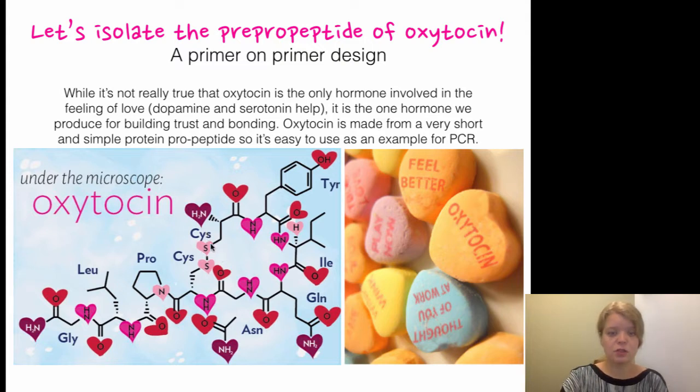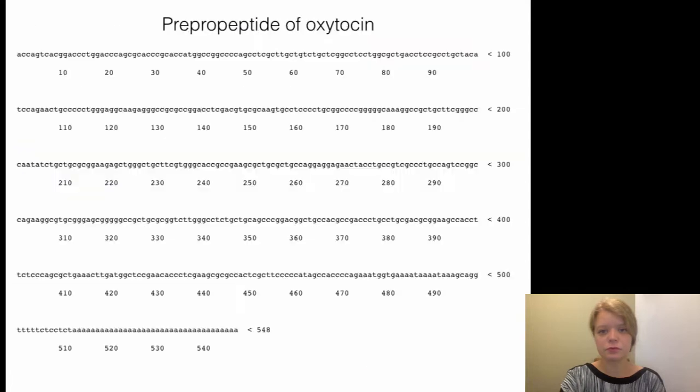And there's one sulfur bridge between the two cysteine amino acids that forms this as a cyclical structure. But that's not important for what we're about to do. So here's the sequence that I got from NCBI for the pre-propeptide of oxytocin. So I already covered how to get sequences from NCBI, but let's do this again.